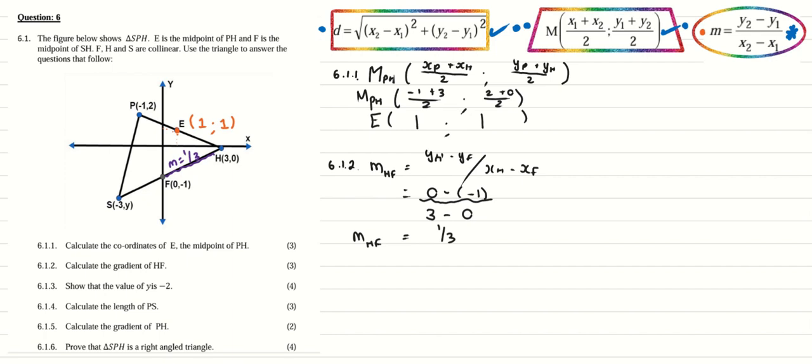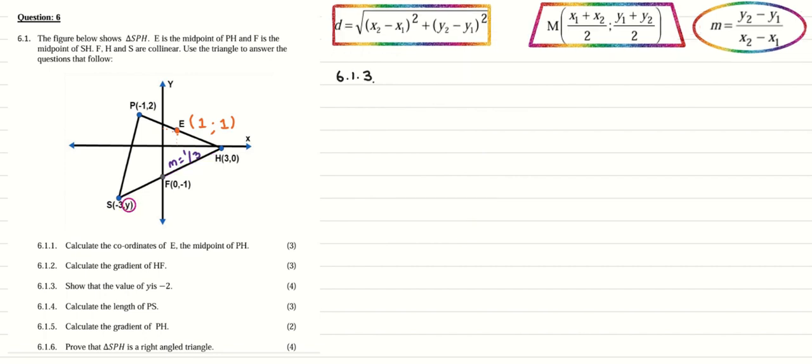The next question is to show that the value of y is negative 2. So we need to prove that this value here is a negative 2, and I'll show you how we can do that. Okay, so at this stage we have the coordinates of E, we have the gradient of FH, and now we need to find the coordinates of S, or rather the y coordinate of S. In the information, they tell you that F is the midpoint of SH, so we have another midpoint here.